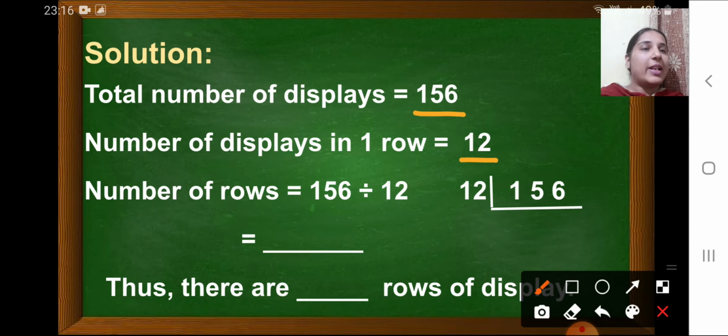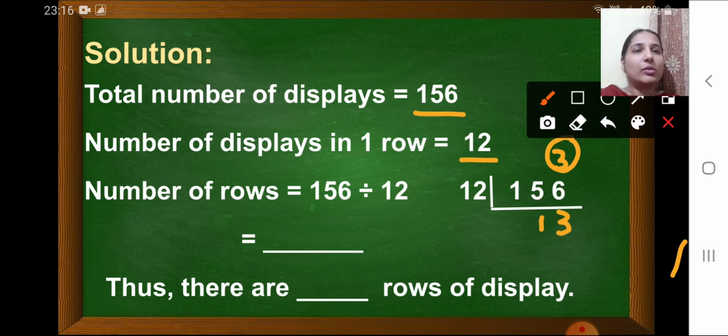So we will divide again here. Here you can see 12 ones are 12. So 3 will be remaining, that we will write just above the next digit of the dividend. Now we have 36. So 12 threes are 36. So what does it show? How many rows are there?